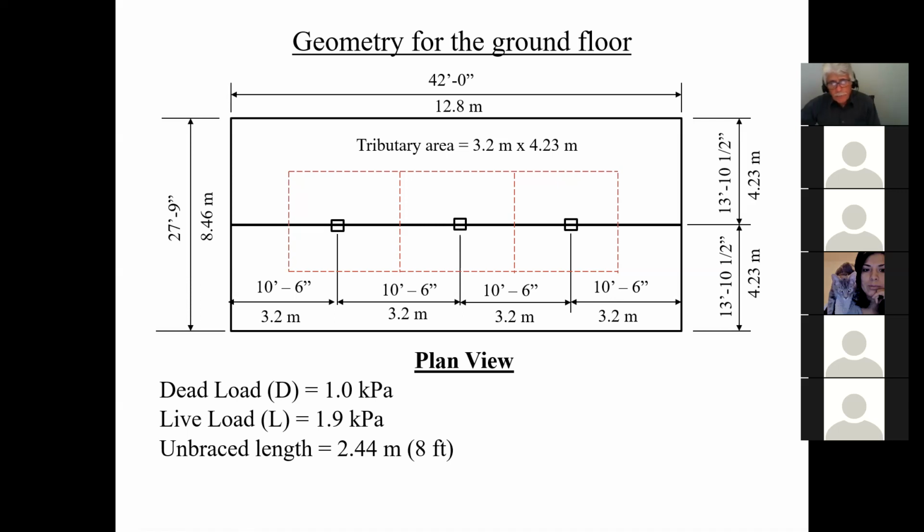Okay, so now I'd like to show you, now that we've got the geometry and our loads and everything else, how you would size the footings underneath these columns. I'm going to show you how you would size the strip footing underneath this wall.